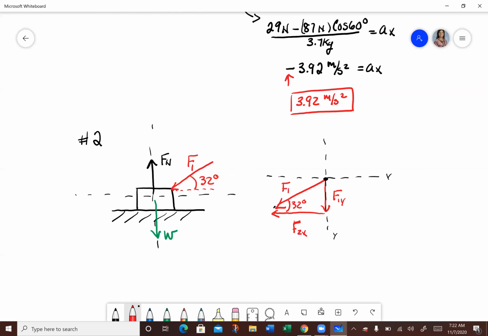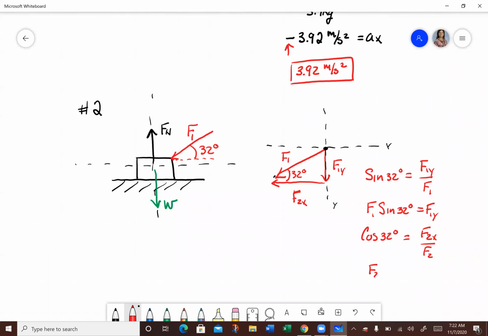All right. So with that being 32 degrees, using SOHCAHTOA, the sine of 32 degrees is equal to the opposite, F1y divided by F1. So F1 times the sine of 32 is equal to F1y. The cosine of 32 degrees is equal to the adjacent, F2x divided by F2.